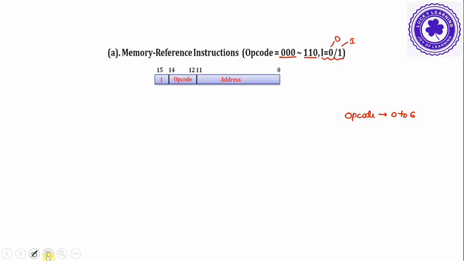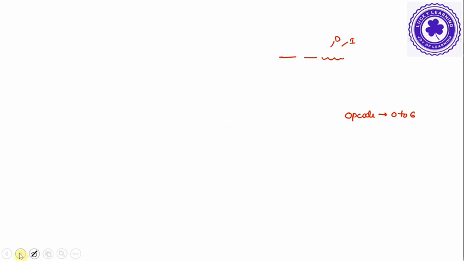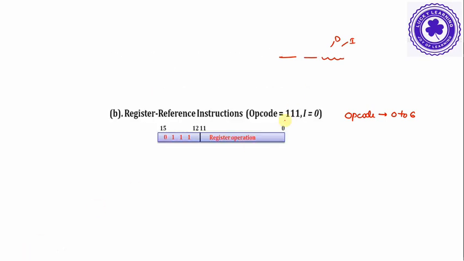addressing mode. When it comes to the register reference instructions, the opcode will be 111, which in decimal we call 7, and it requires the mode bit I to be 0. It means the most significant 4 bits of register reference instructions are 0111, in hexadecimal 7.